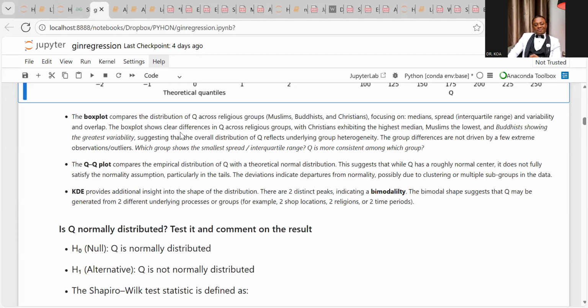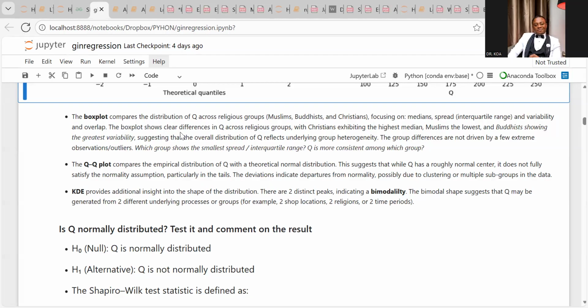The bimodal shape will tell you that the quantity demanded may be generated from two different underlying processes or two different groups. That's what it means. Yes, there are three groups, but it appears that two groups are the key ones generating most of the data. It can be that there are two different locations, as you can see, we have urban and then we have rural.